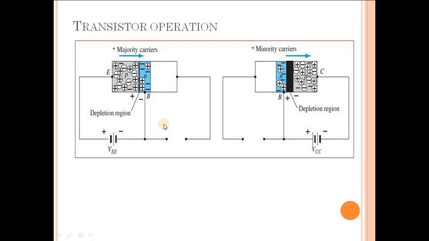The events happening during the operation of a PNP BJT are quite similar to the events happening during the operation of an NPN BJT, in the way the role of holes is now played by the electrons, and the role of electrons is played by the holes.